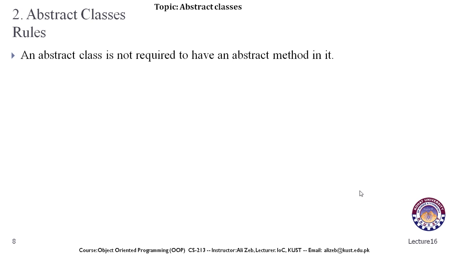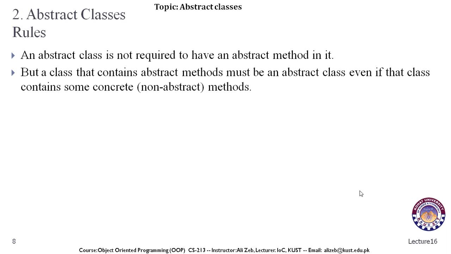We can have an abstract class without an abstract method. But a class that contains abstract methods must be an abstract class, even if that class contains some concrete or non-abstract methods.